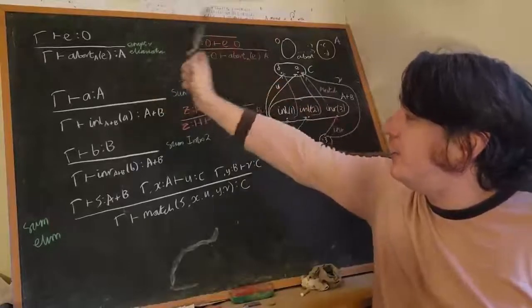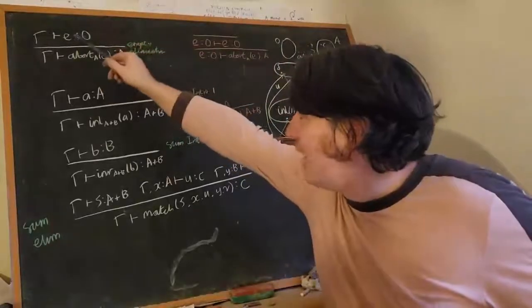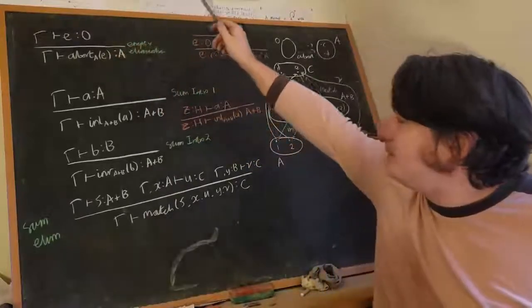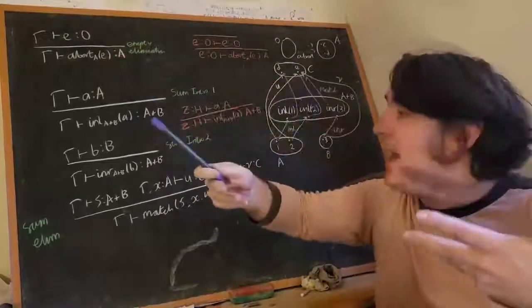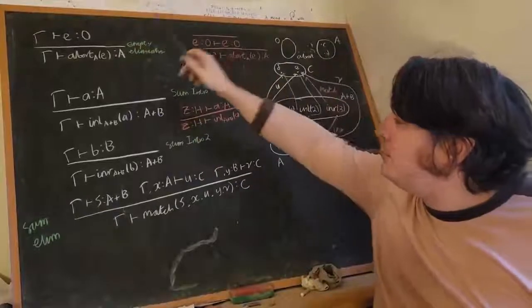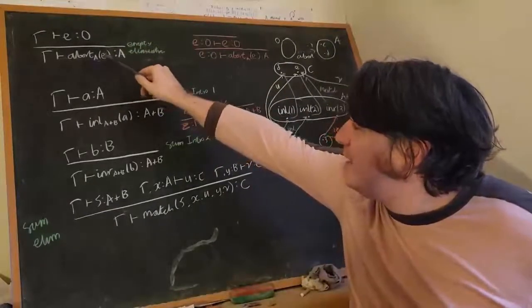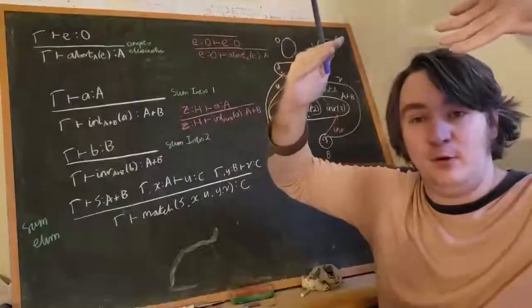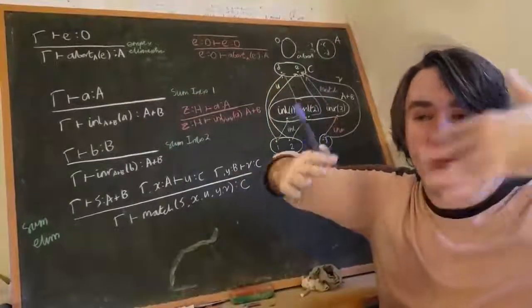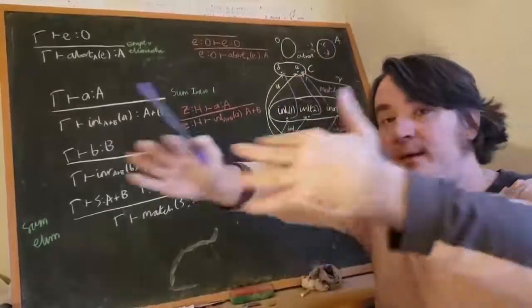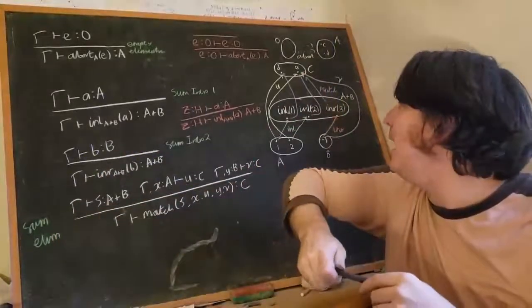What it says is that in any context, if we have a value E of the empty type, and we have any type A, then we can produce a value of type A called abort A of E. This is encapsulating the idea that there's a function with no inputs from the empty type to any other type.